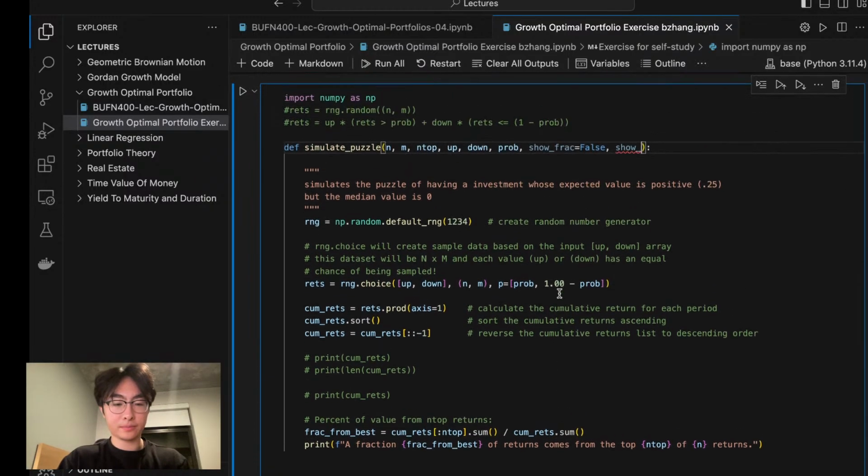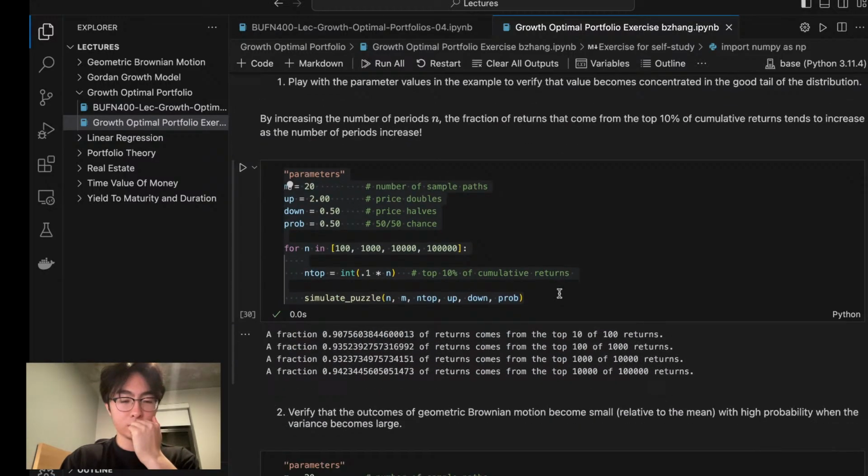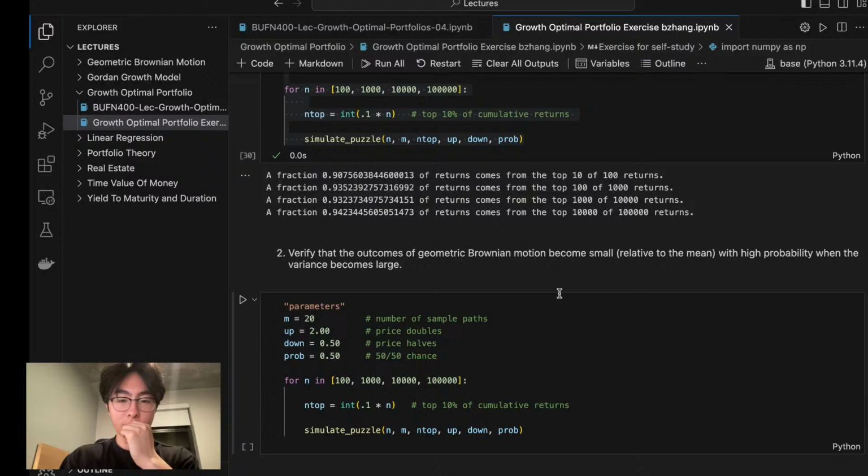Show. What should we call it? Show returns? Outcomes of geometric Brownian motion become small relative to the mean.